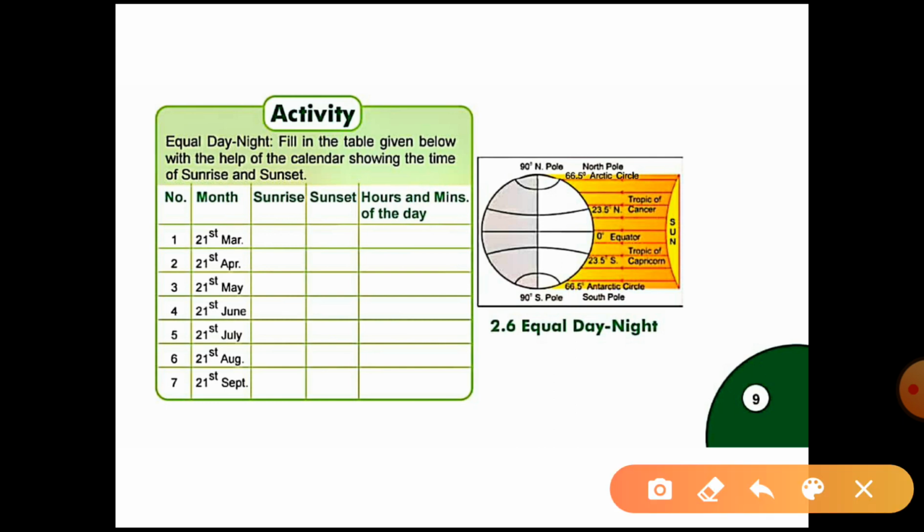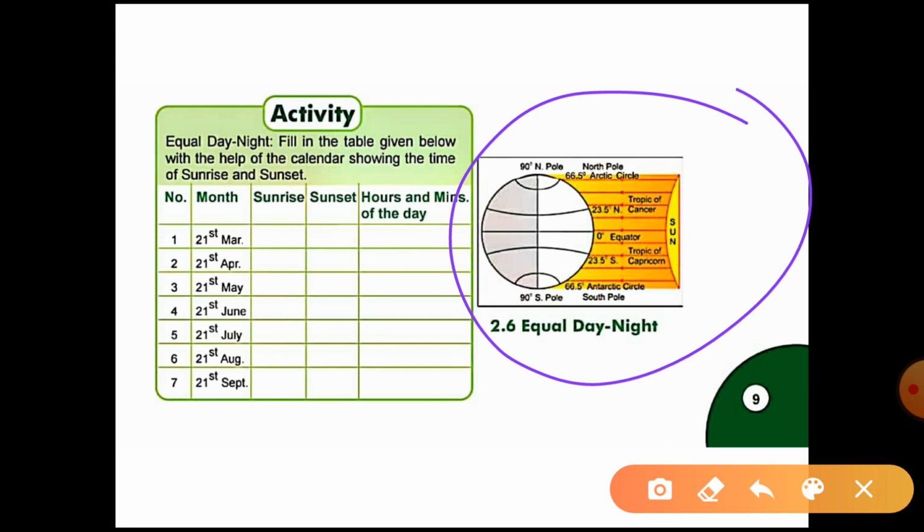So in this picture you can see there are some important lines given. Okay, you must remember them to understand the rotation and revolution of the earth. The first line is the equator, and if you move to the northern side, there is the Tropic of Cancer at 23.5 degrees north, and the Arctic Circle at 66.5 degrees north.